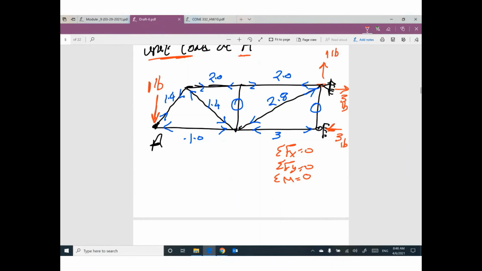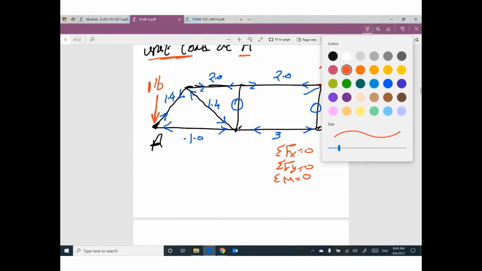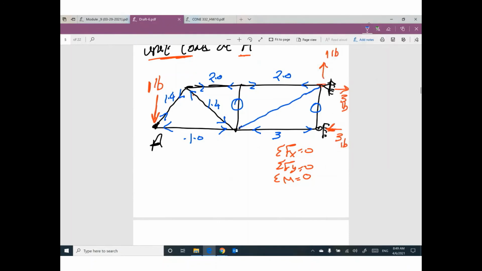Okay. I think this one will be 1.4. Yeah, wait. This value is wrong, and this direction is wrong also. This member will be tension, how much? 1.4. That makes sense. Okay, so this one can be called small n.